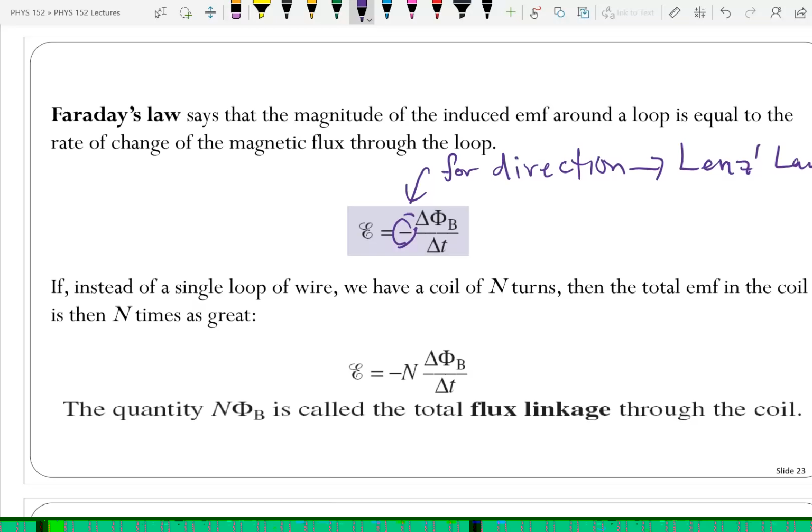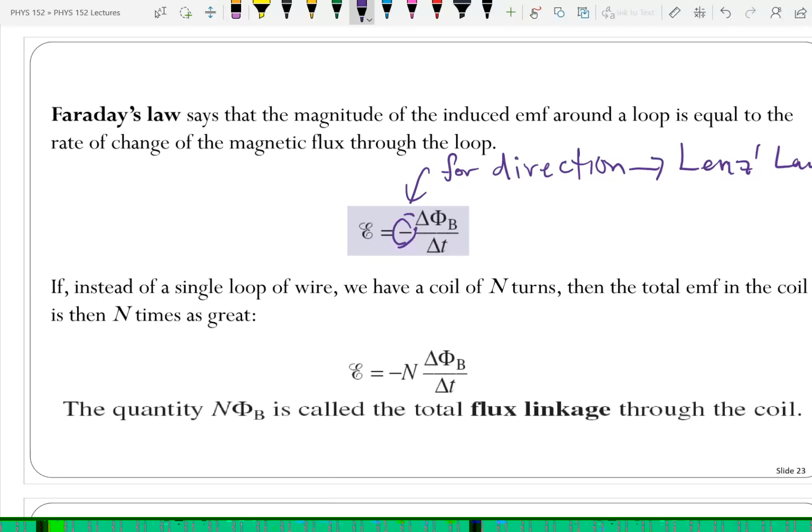Mathematically, it's minus the derivative of the flux with respect to time. What is that flux? That's the symbol phi, and we did electric flux in the past. And it's electric field times area. Okay? The electric flux was electric field dotted with the area. Right? It was the electric field that was parallel to the area. And you're like, parallel to the area, what does that mean? It means the normal direction for the area is the direction we assign to the area.